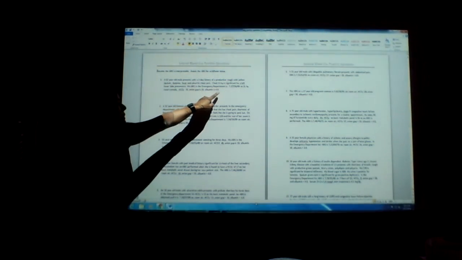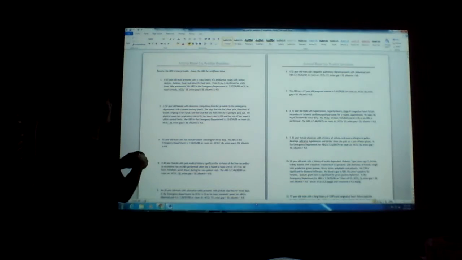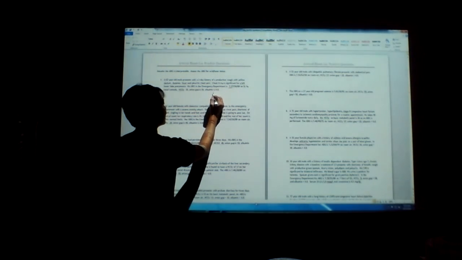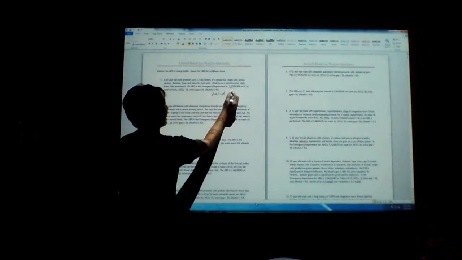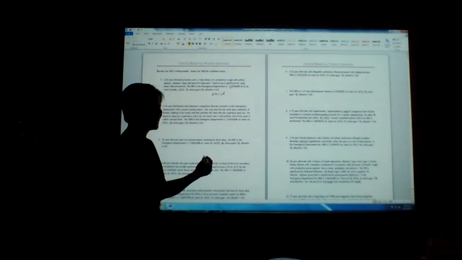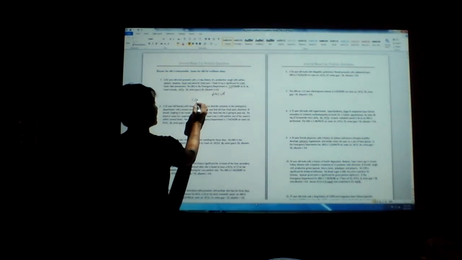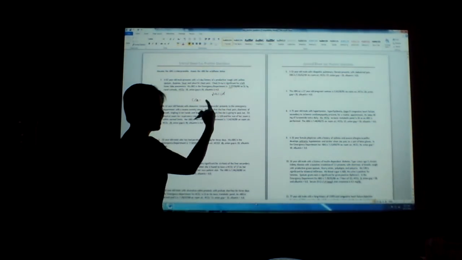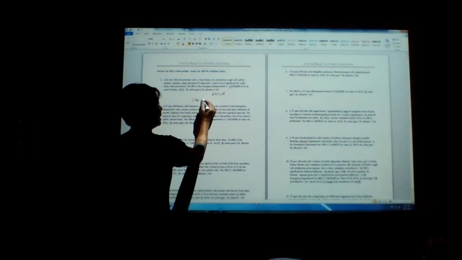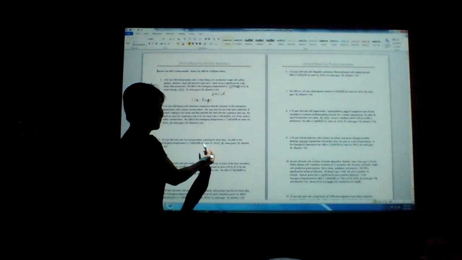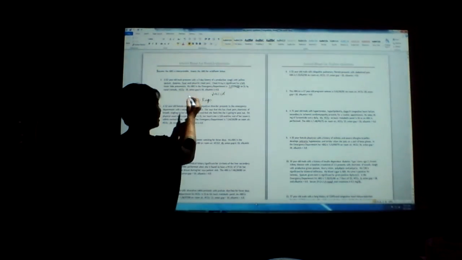So the pH is 7.27. Is this high or low? Low. So it's acidosis already. And then the PCO2 is high, right? 58, the PCO2. The CO2 should be 35 to 45, and this is high. So I'm going to say respiratory acidosis. And look, the bicarb is 60. So it's increasing.